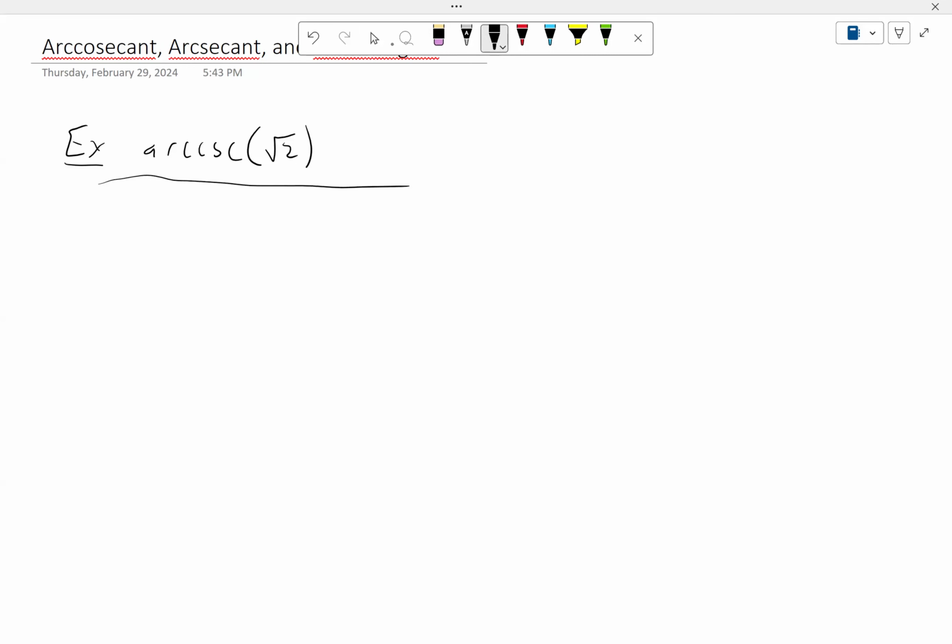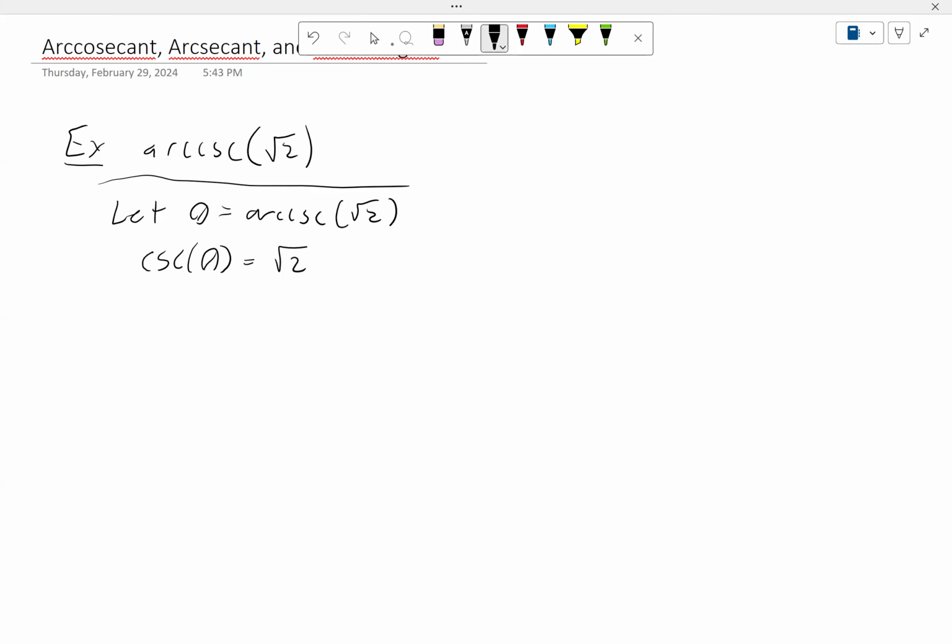To evaluate this, I'm going to let theta be equal to arccosecant of square root of 2. Supposing that we can define this arccosecant, and that we've looked at the domain and everything like that, that means that using the inverse property, cosecant of theta is equal to square root of 2.